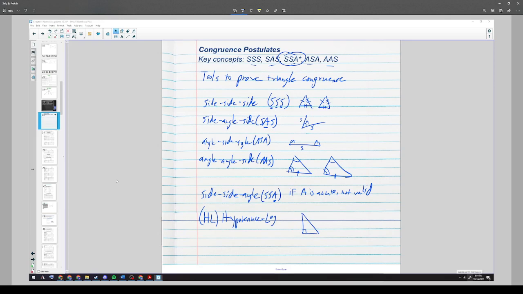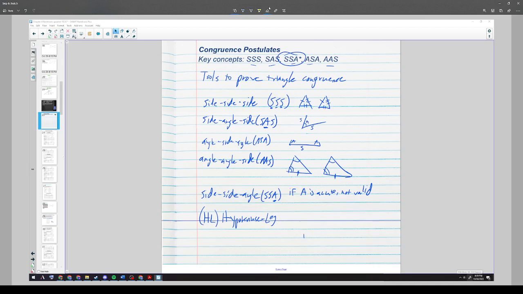So we know this angle is a right angle, and then we know one of the other angles, so that's our A. Wait, I'm doing that wrong. Whoops, we don't know an angle. If we knew an angle, that would be fine.